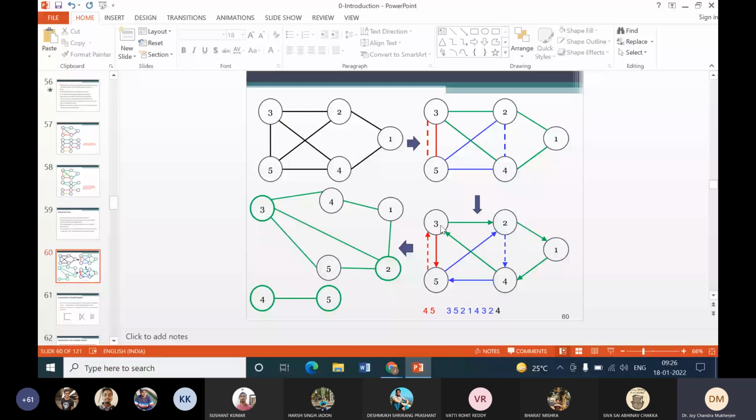Suppose I start my journey from 3. I go from 3 to 2. So basically I am trying to explain here कैसे मैं इस tour को कर रहा हूँ. Suppose I start from 4. From 4 I go to 5, by the blue cycle. At 5 I see that a detour is possible.